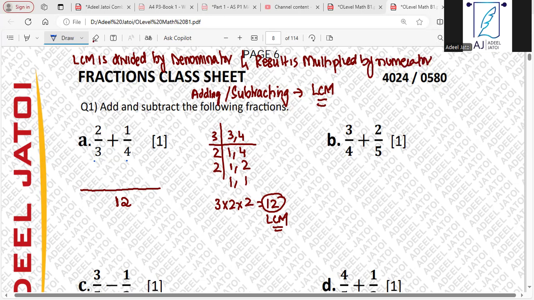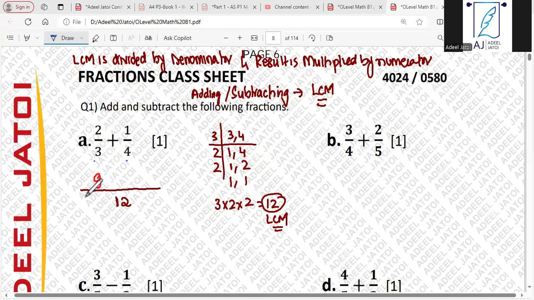So if we continue the process, this 12 is divided by 3. 12 divided by 3 is 4. The 4 will be multiplied by 2. 4 twos are 8.